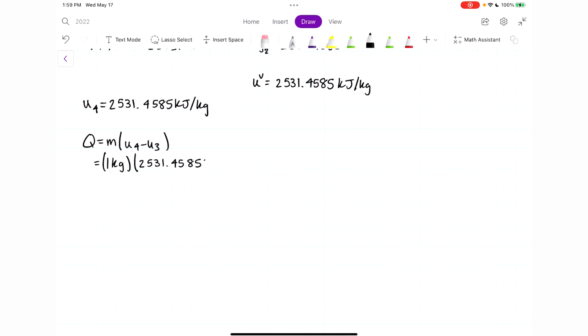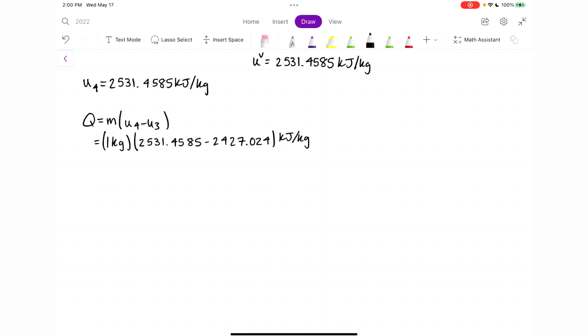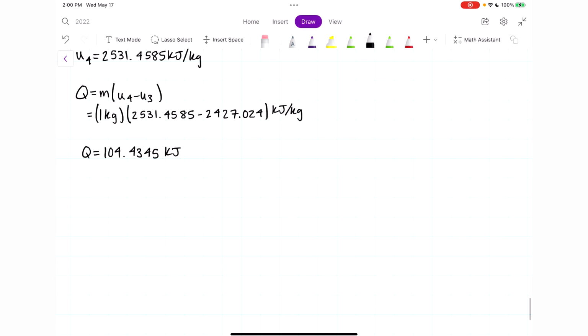The specific internal energy at state 3 is 2427.024. We found that already. And then there was no work, so we don't have to add work. After multiplying all of that, we get that Q is equal to 104.4345 kilojoules. Great. And that's the heat added from state 3 to state 4.